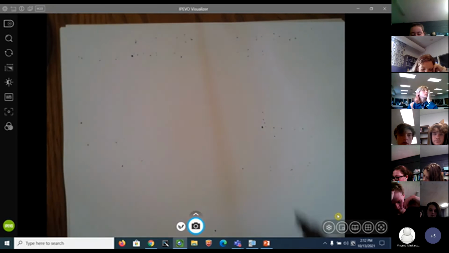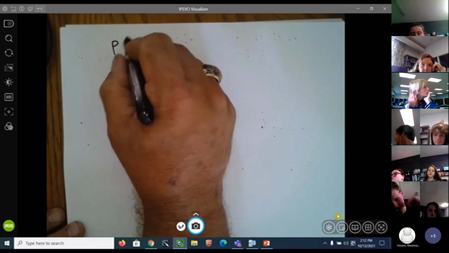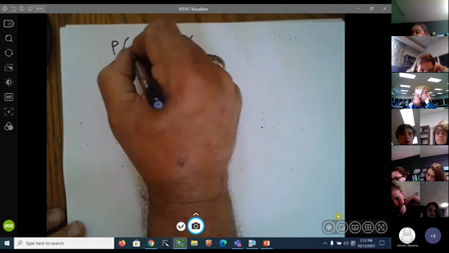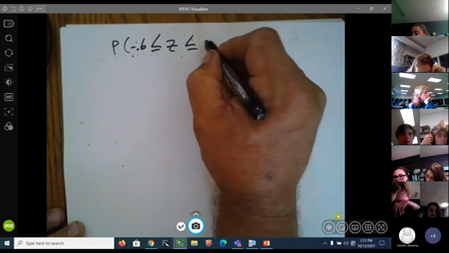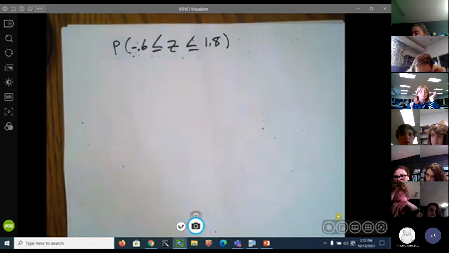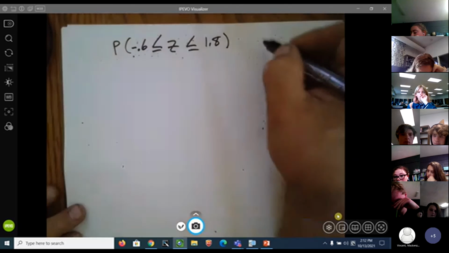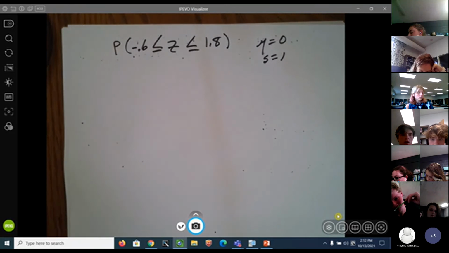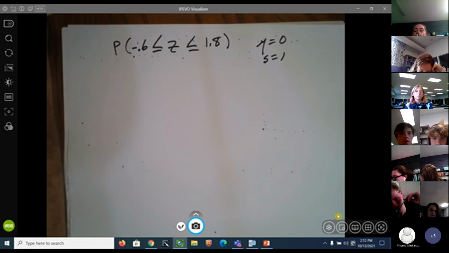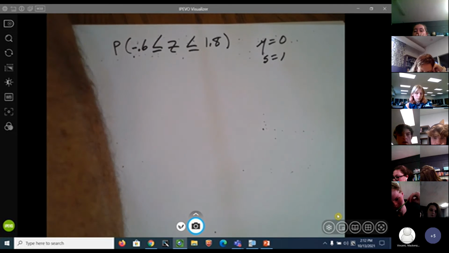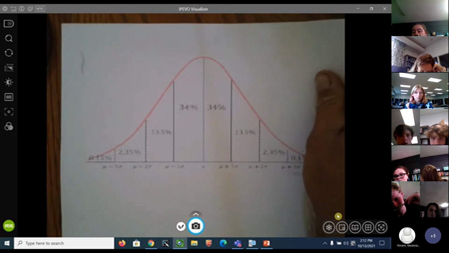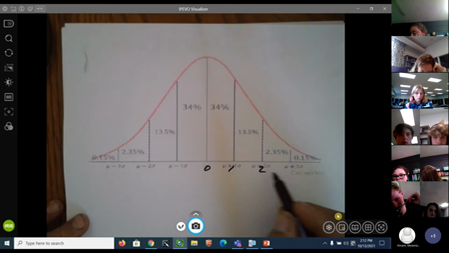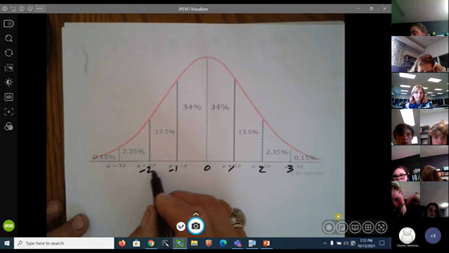Let's go ahead and do, what is the probability that your score is going to be between negative 0.6 and positive 1.8, with a mean of 0 and a standard deviation of 1. So with our handy dandy picture, we're going to go with 0, 1, 2, 3, negative 1, negative 2, negative 3.